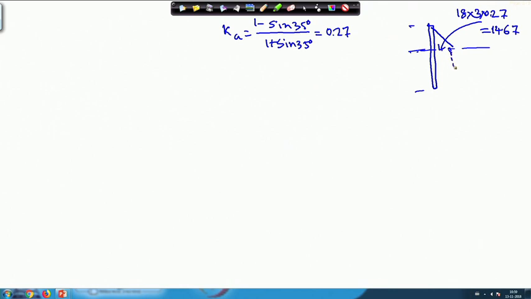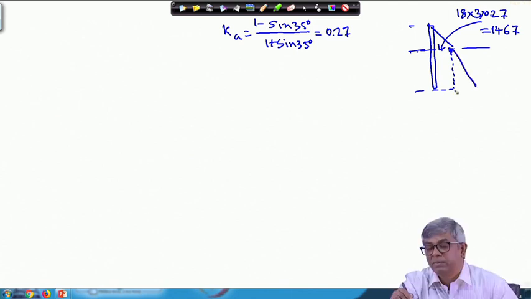So this pressure came already, and this pressure will be constant throughout the depth. Now, you can imagine the wall starts from here, and with the increase of wall height, how will pressure vary? Again, that will be linear. How to find that out?